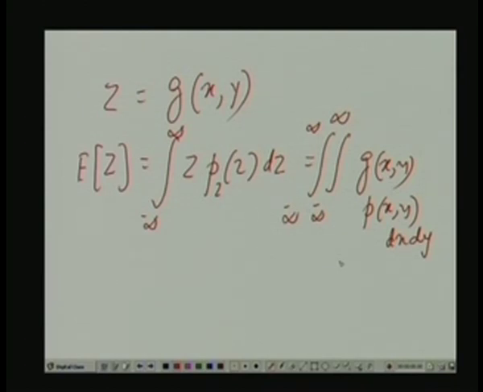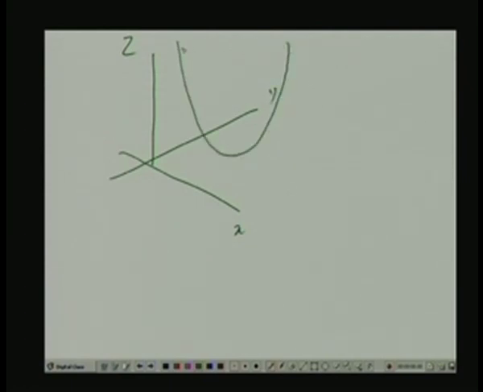The expected value of g of x y. The proof is purely along analogous lines. I just show it by an example. Suppose this is the z axis, this is the x, this is y, and the function is like this.